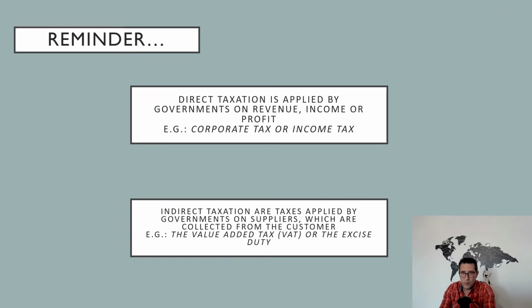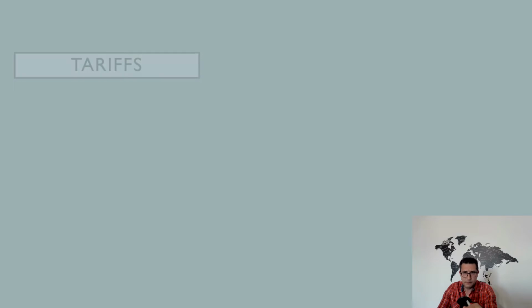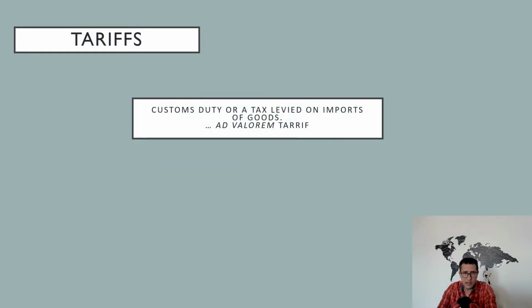And now with this short reminder about taxes covered, I will move to my first topic and start with the tariff, which is nothing more than a customs duty or a tax levied on imports of goods. Most of the time we're talking about an ad valorem tariff, so according to value, or a specific tariff like, I don't know, $75 per ton of green coffee, for example.